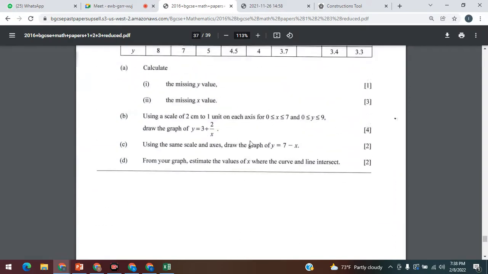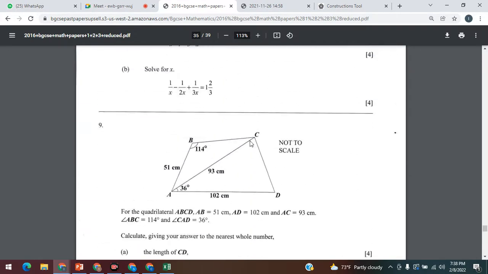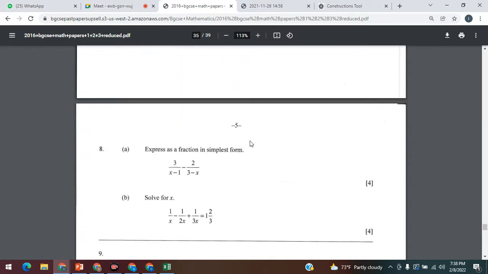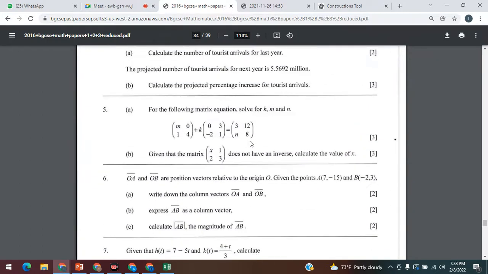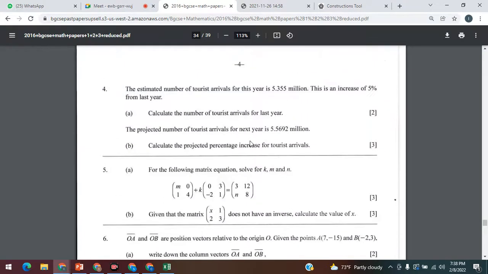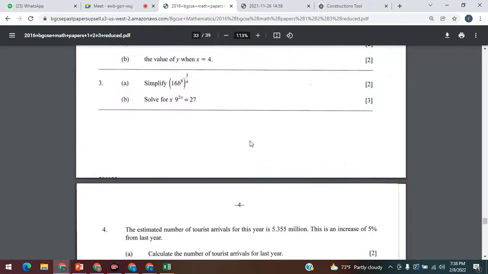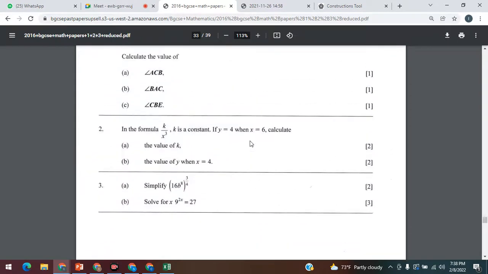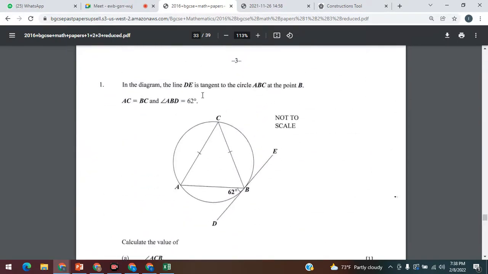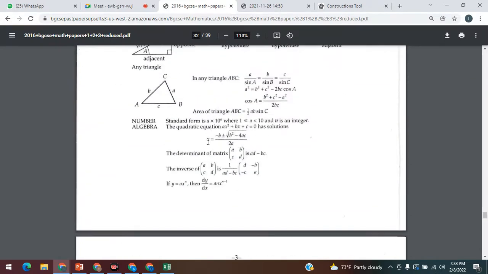After number 12, I'm going to number 11, and so on, all the way up to number 1. So we come to this in sequence.